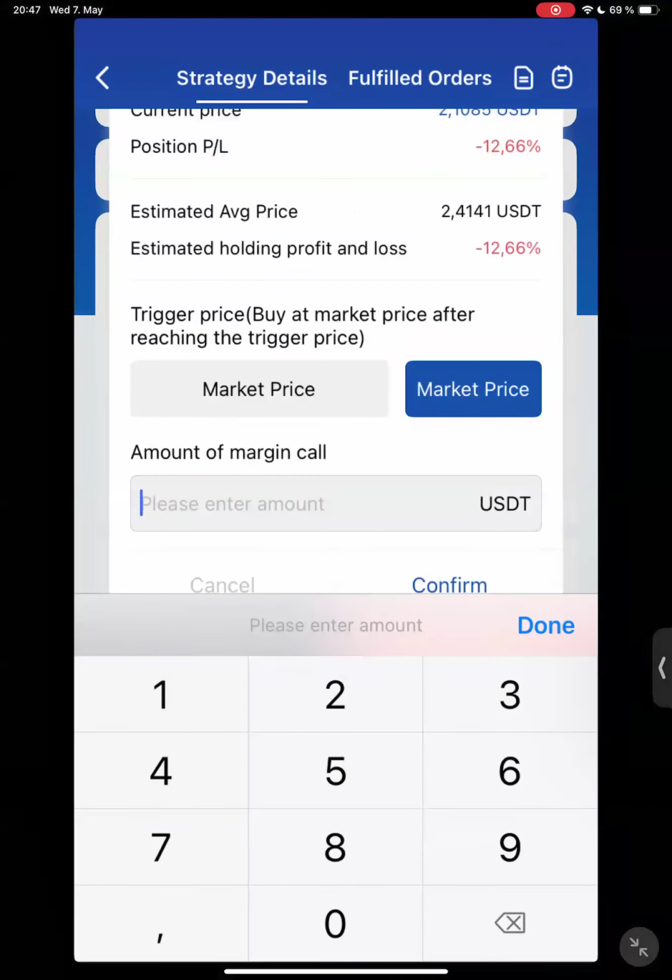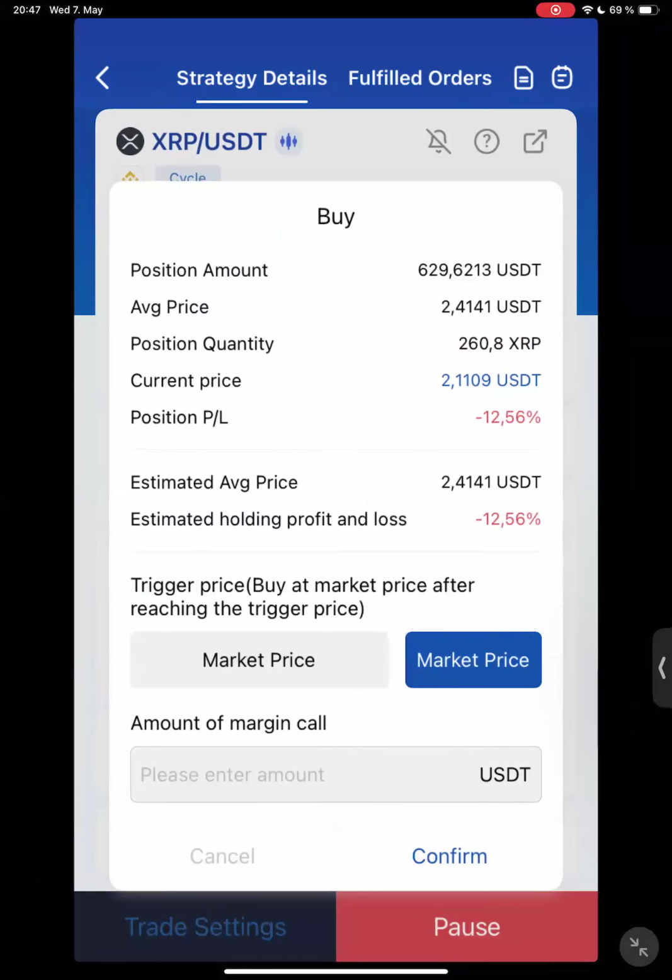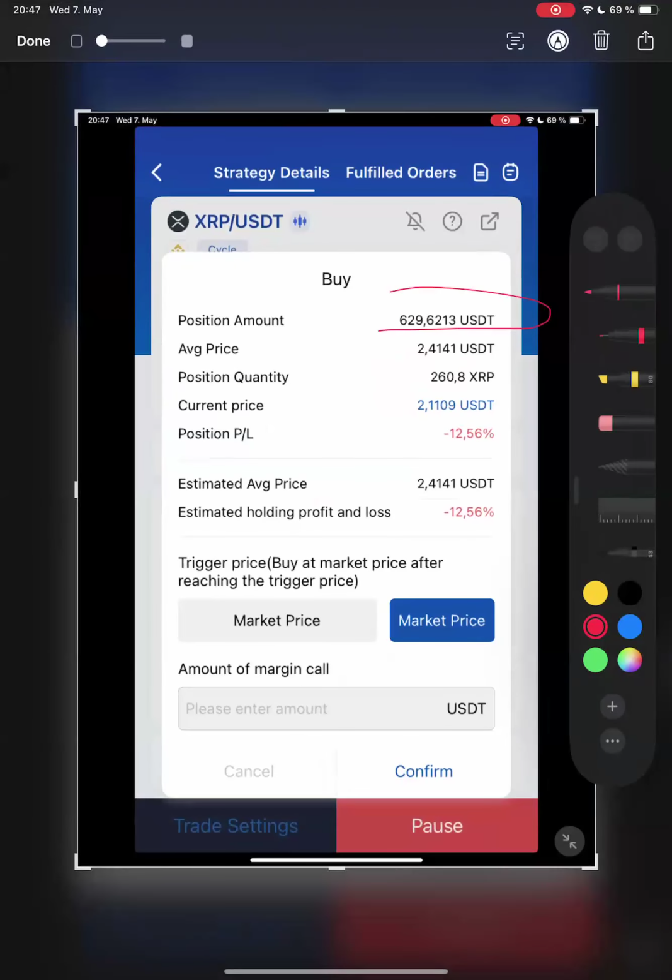When do we buy? We buy when you are in a floating loss. Okay, for instance, this coin, I want to repump another 1,000 USDT in it. Currently, it's only 600 that is in it. But I've heard some news and I want to buy more of XRP.